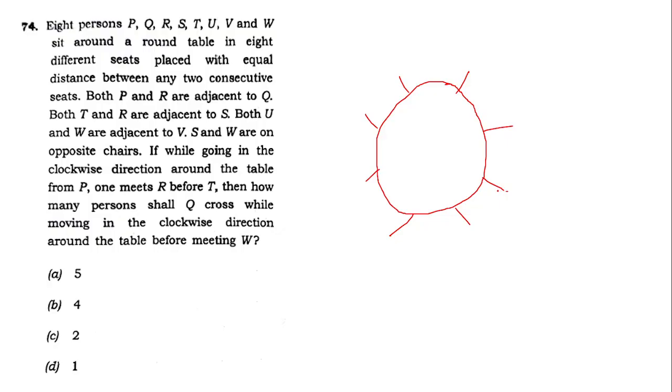Now both P and R are adjacent to Q. I am assuming Q at any place. In a circular arrangement, no need to worry, you can assume any place. This is Q, so P and R are adjacent to Q. Both T and R are adjacent to S. Since we already got R here, this is adjacent to S. So T is adjacent to S, so it will come this side.